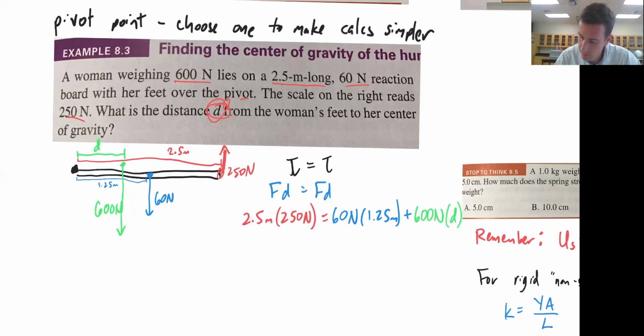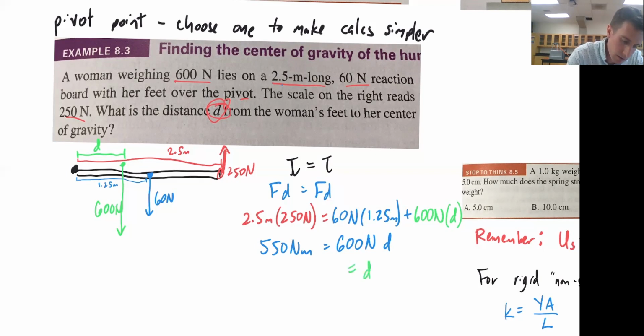So 2.5 times 250 gives me 625 minus 60 times 1.25 gives me a total of 550. So over here, I've got 550 newton meters equals 600 newtons times d. Divide both sides by 600. And I get 92 centimeters equals d. It's 0.92 meters or 92 centimeters.